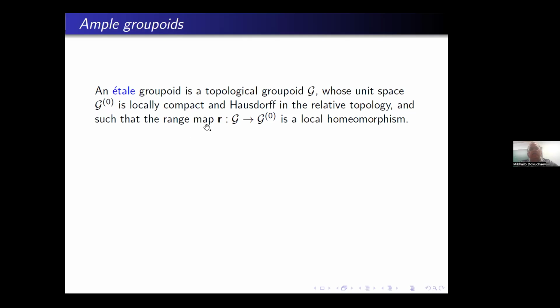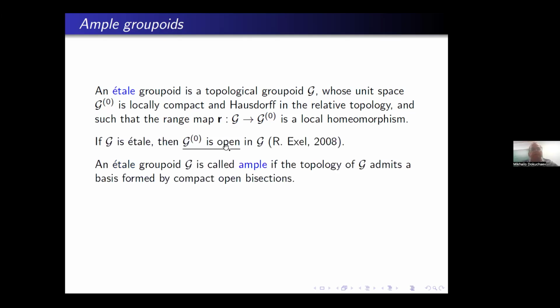We also impose the condition that R, the range map, is a local homeomorphism. This is equivalent to requiring that the source map is a local homeomorphism. It is known that in an étale groupoid, the unit space is an open subset. You can find it in a paper by Exel, for example.